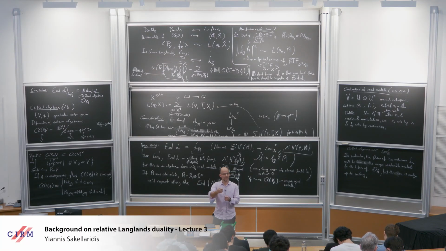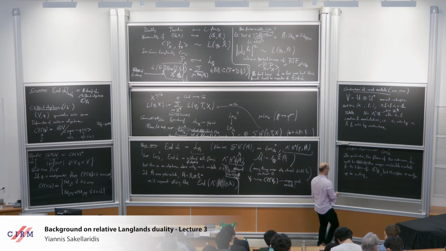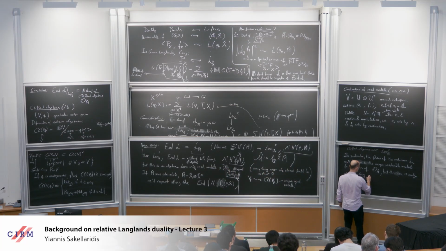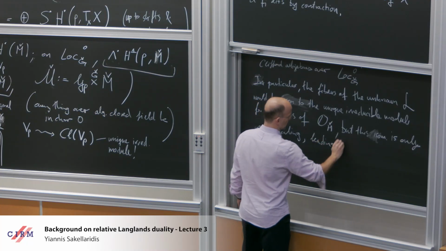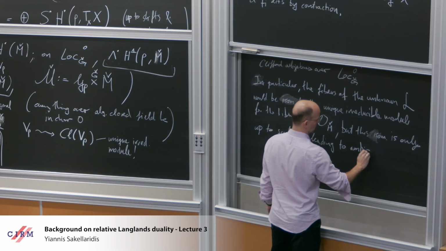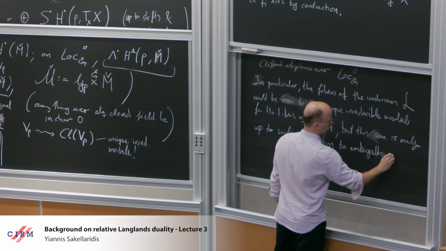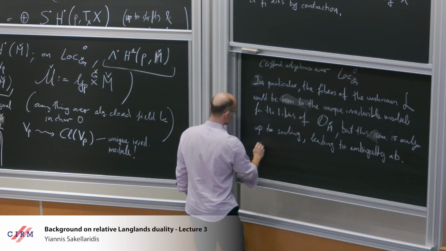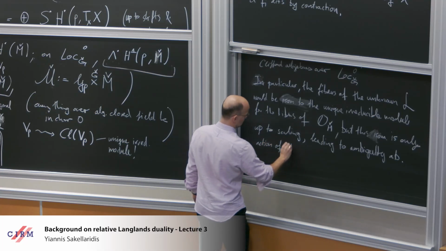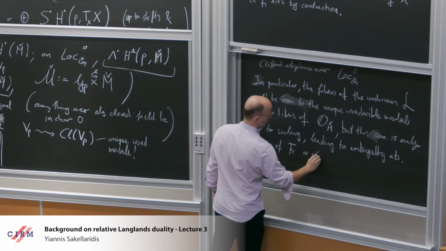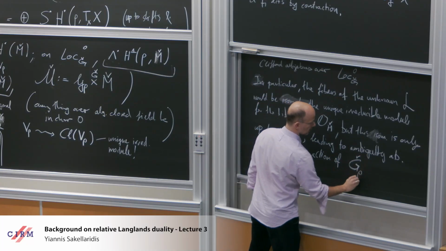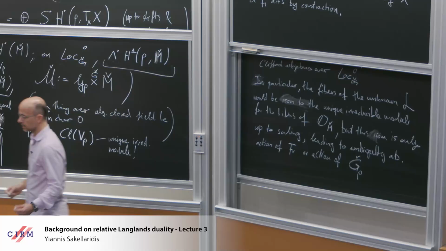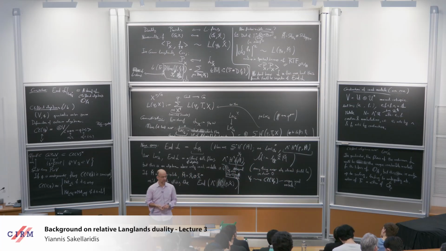It doesn't tell you anything about how the stabilizer of a parameter acts, leading to ambiguity about the action of Frobenius or the action of the centralizer in G check of the Langlands parameter, or of the geometric Langlands parameter.